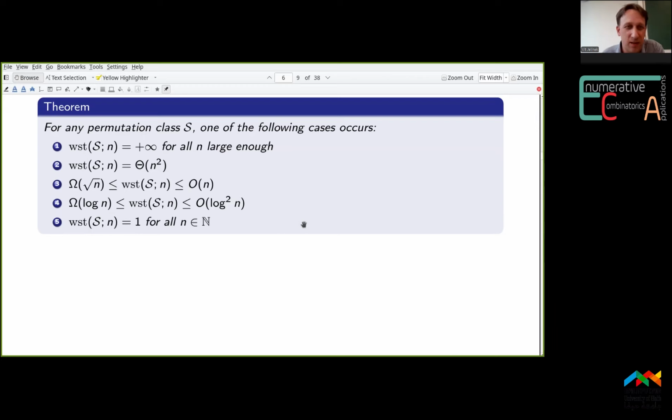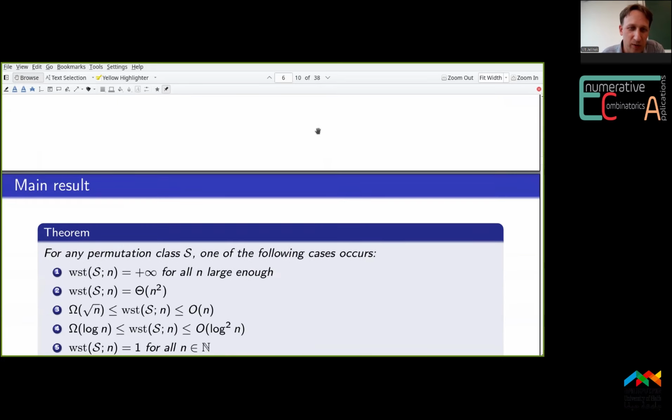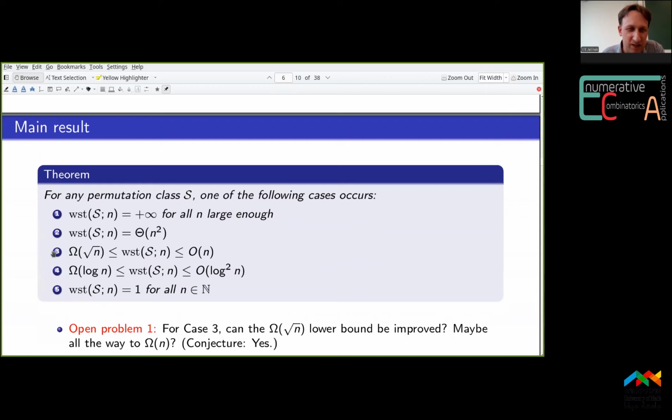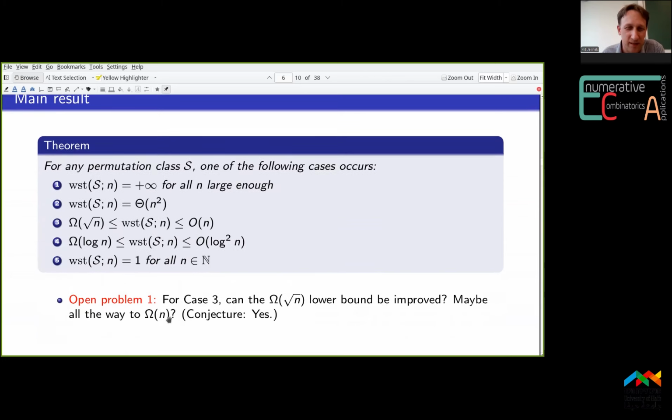So this is how our knowledge stands at this moment, and you notice that there are some gaps or cases where the lower bound does not quite match the upper bound, and those gaps are probably due to our ignorance. Specifically in this case number 3, I'm including all classes which have worst case sorting time somewhere between square root and linear.